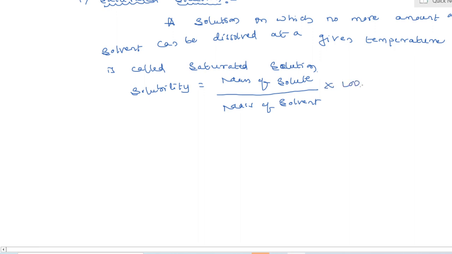Solubility means what? The amount of solute present in a saturated solution at this temperature is called solubility.